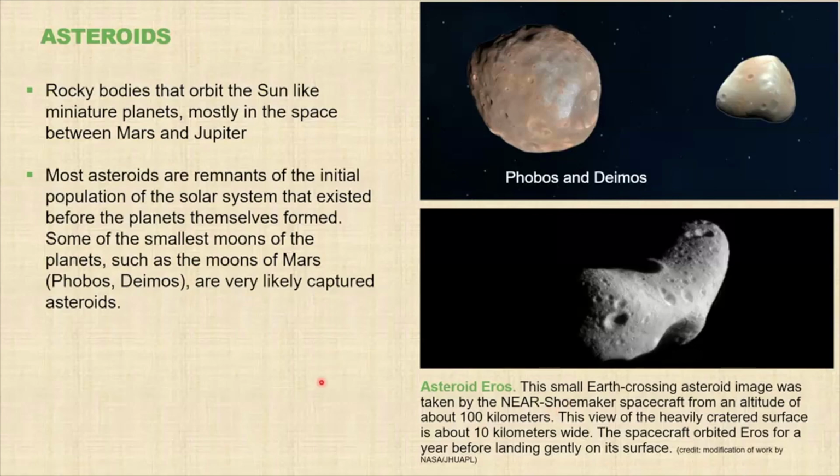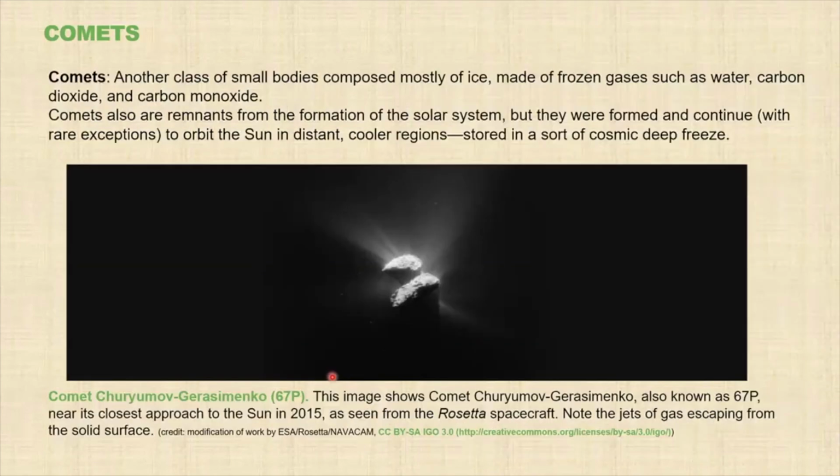So moons can be formed or captured. And other objects in our solar system are comets. They're mostly ice made of frozen gas, water, carbon dioxide, and they are remnants from the formation of the solar system as well.